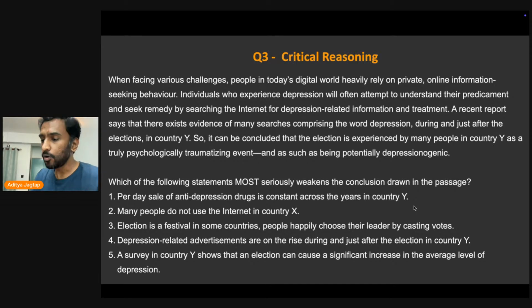All right. So we want to weaken this conclusion. Conclusion is that election in country Y is psychologically depression causing, right? So we want to weaken this conclusion.